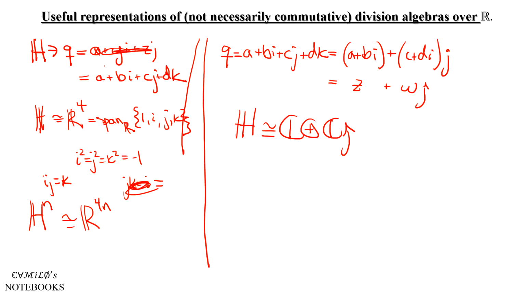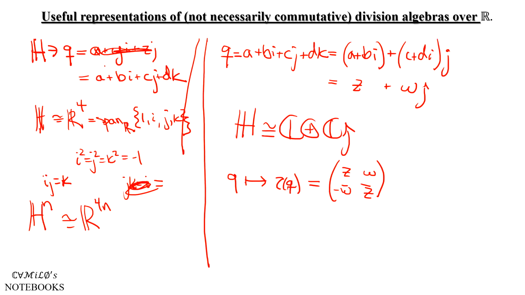And of course extending to H^n as well. The identification here is, of course, q will map to tau of q, which you can call capital Q if you wanted to, where once you have this identification, we can map tau of q to z bar, negative w bar, w. And again, we have the same thing.